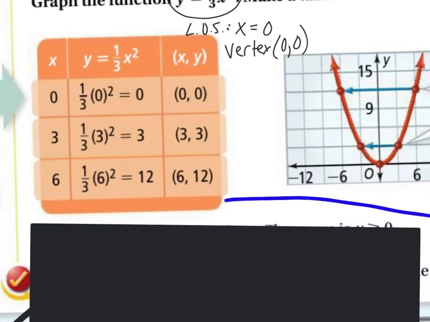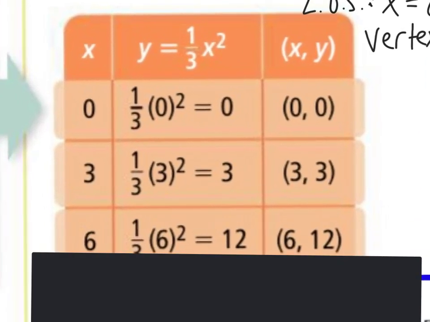So that's a starting point. And then we have to find some other points. The book put a 3 in for x. 3 is a good choice because we've got that 1/3. Kind of like when we graphed lines, we wanted to do multiples of that denominator. So 3 squared is 9, and 1/3 times 9 is 9/3, which is the same as 3.